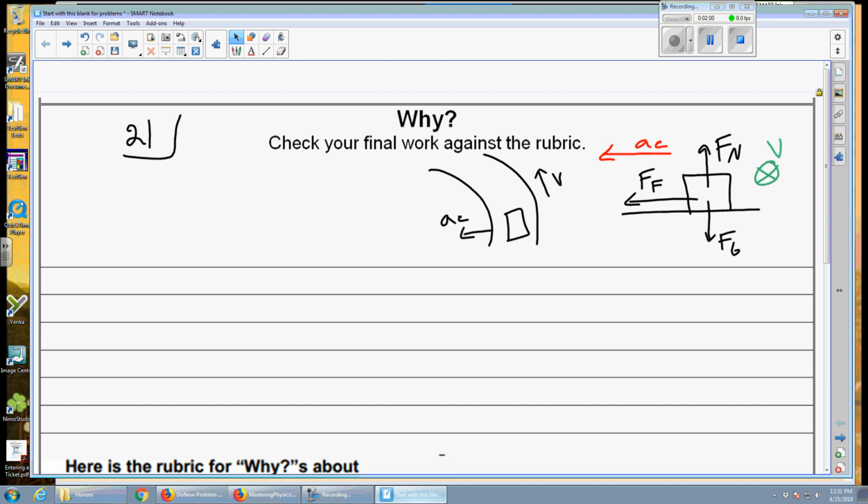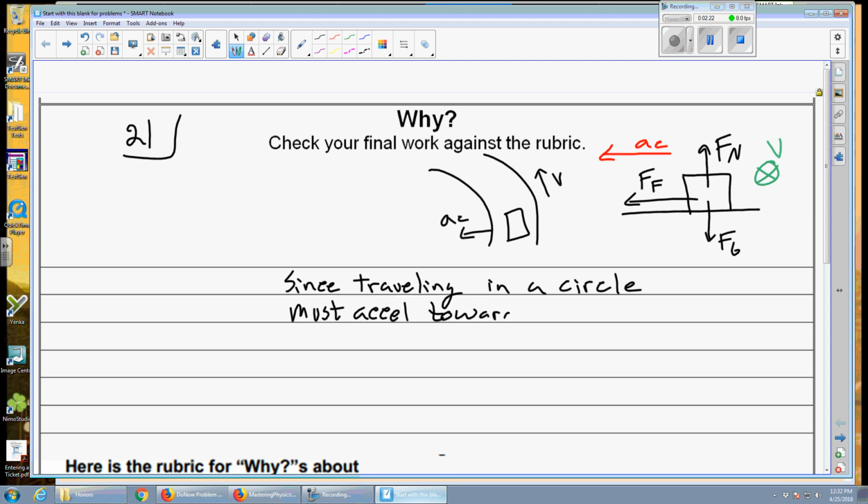And then probably the written part would be, since traveling in a circle must accelerate towards center, and in this one, friction provides net force.